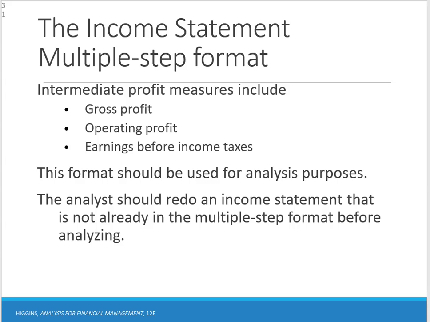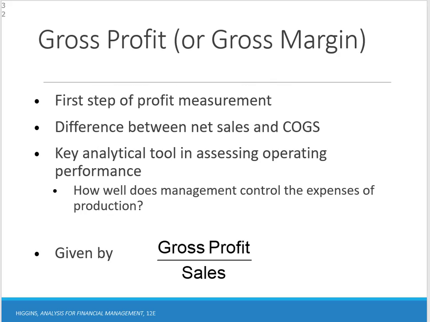So looking at taxes, typically we don't get much else from that other than what the average tax that they're paying is. So again, this multiple step format allows us to review and assess the efficiency of the company.